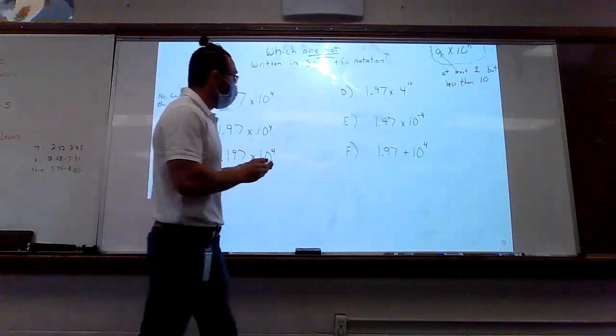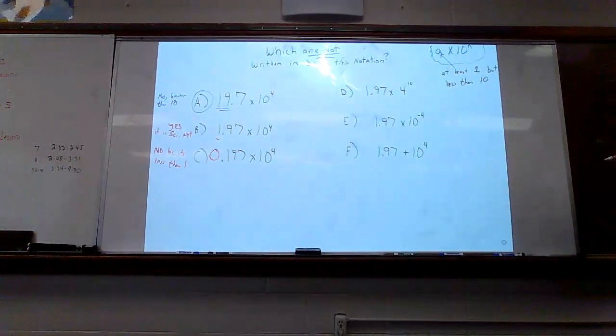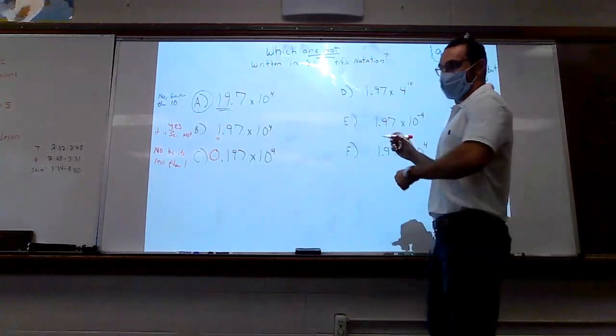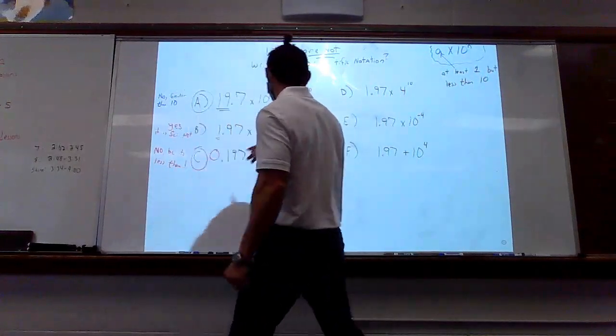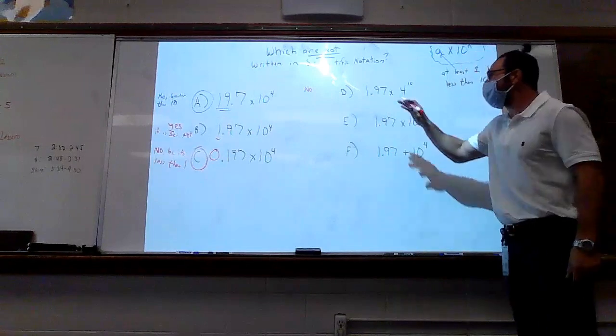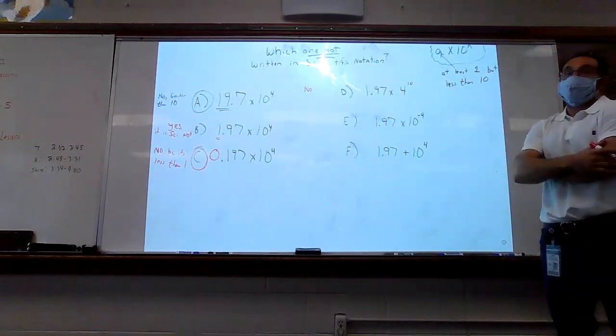Emma. Letter D. What do you think? Wait a minute, Emma. You're saying that so confident. No, Mr. H. So also, this is not scientific notation. You said no. Why?